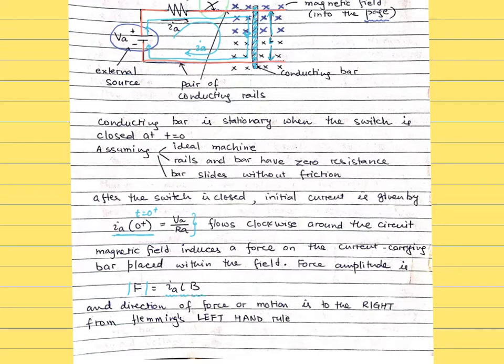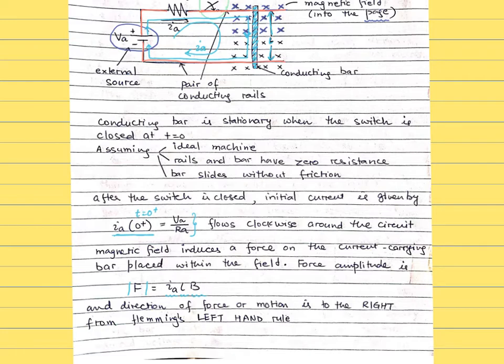And the direction of this force, and the motion that force is going to cause to the conducting bar, is given by Fleming's left-hand rule. With Fleming's left-hand rule, it's your left hand. The first finger is the direction of the field, which is into the page.